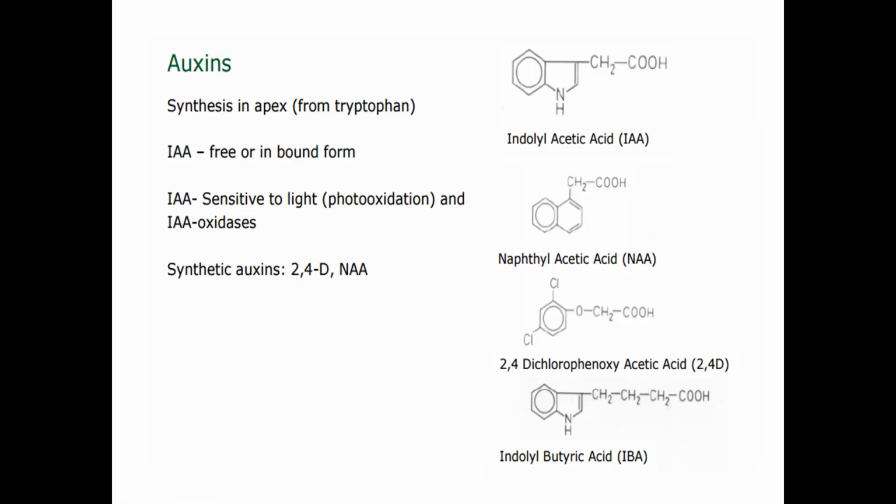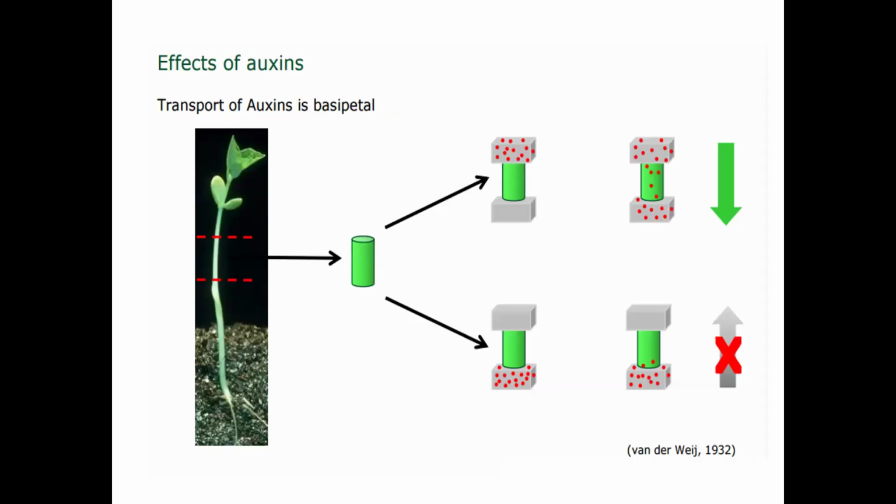So commercially available in the market, 2,4-D or NAA, IAA, they are available in the market. Transport of auxin is basipetal. That is, here you can see it can vertically go from top to bottom, never bottom to top. Very interesting in the plant.